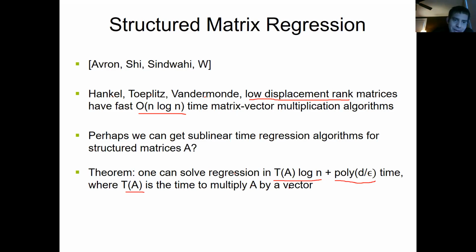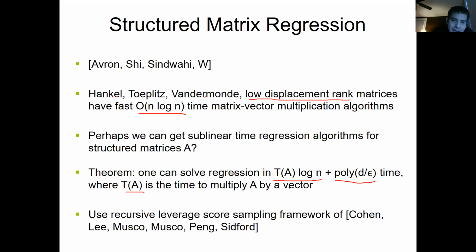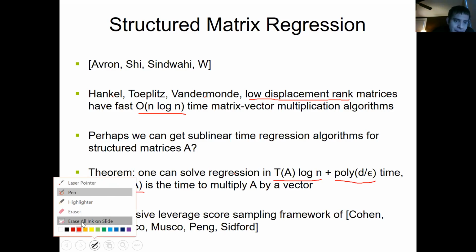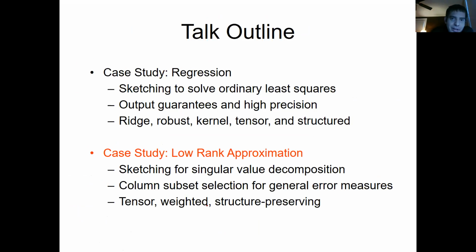And so then you can get these speedups. This uses a recursive leverage score sampling framework that I don't have time to get into, but it's a nice framework that actually reduces the problem to just a handful of matrix-vector multiplications. That's all I wanted to say about regression.